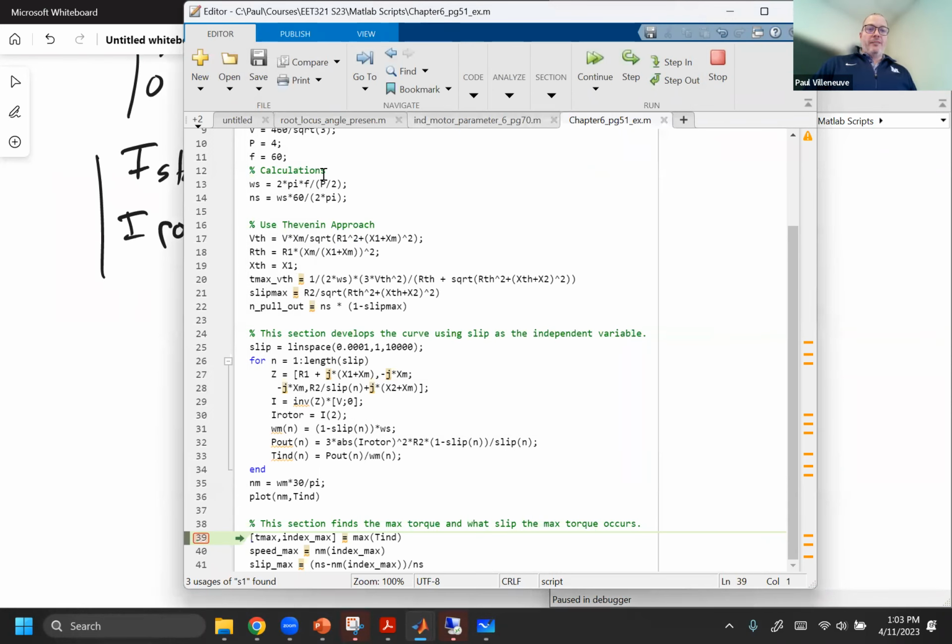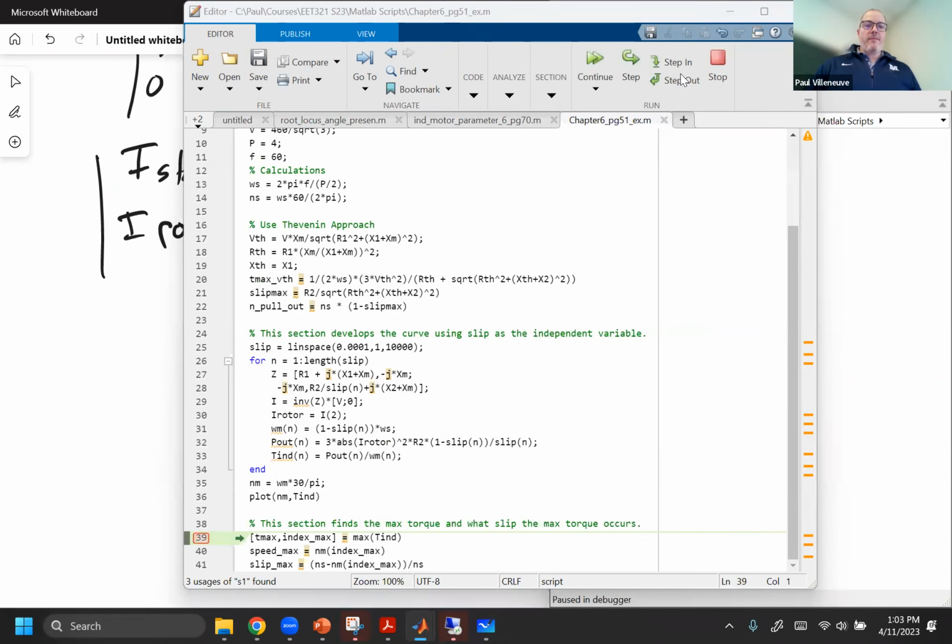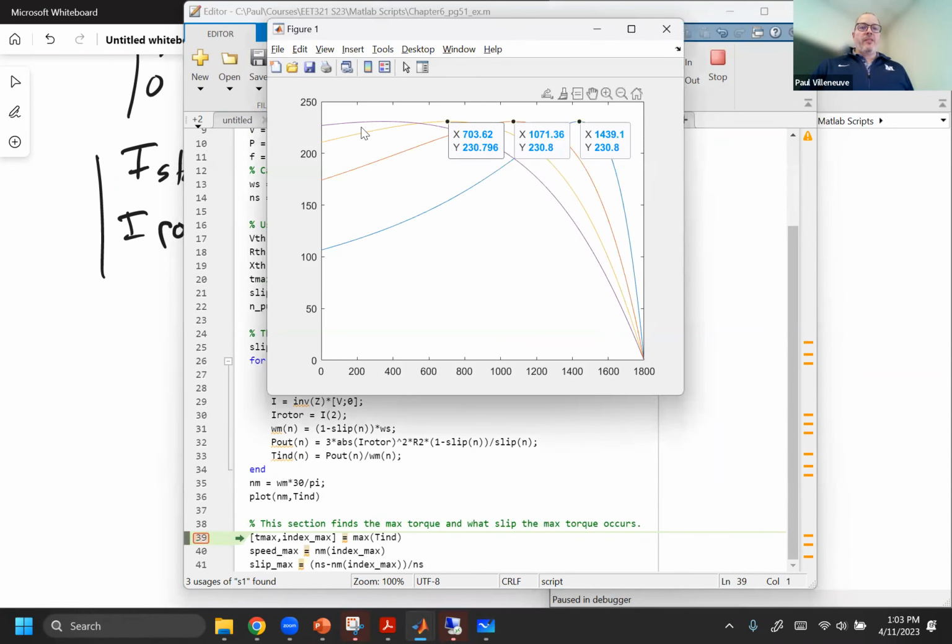We go up to 4. Still looking pretty good. Well, that's exactly right. Your starting torque will be exactly what your max pullout torque will be, as long as you pick the value of R2 correctly.